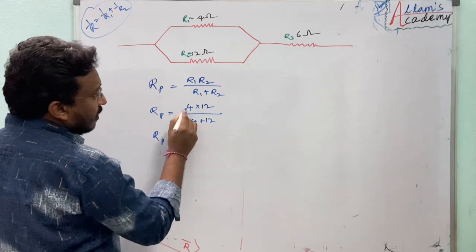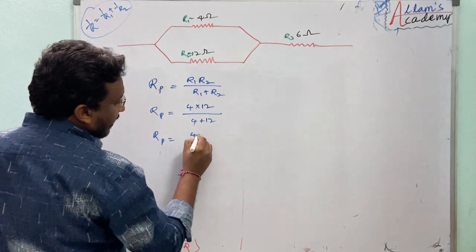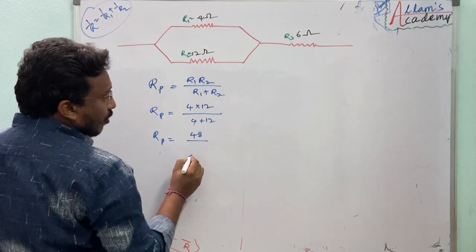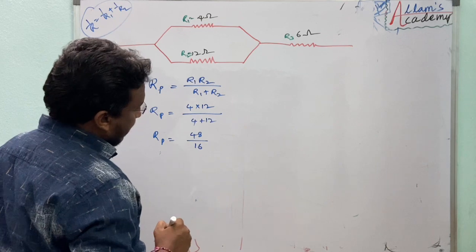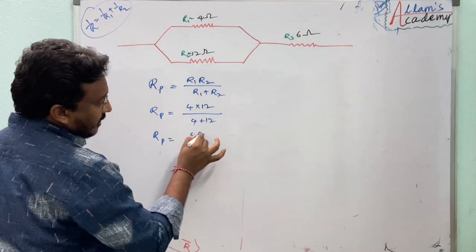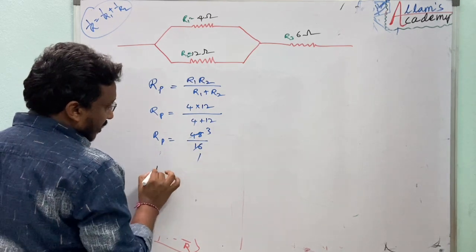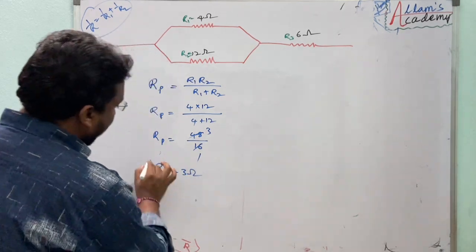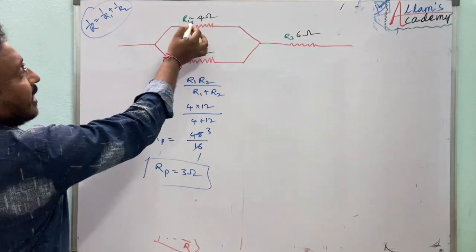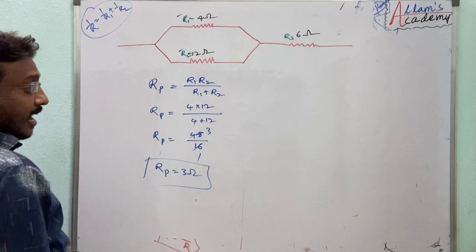That is 48 by 16, and 16 threes are 48. So RP equals 3 ohms. Here we got the effective resistance of this parallel connection.